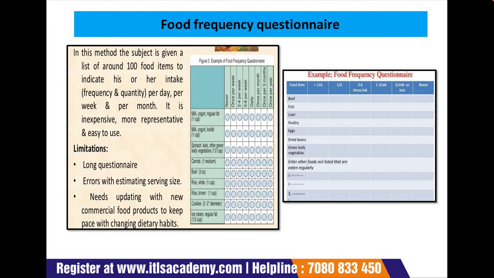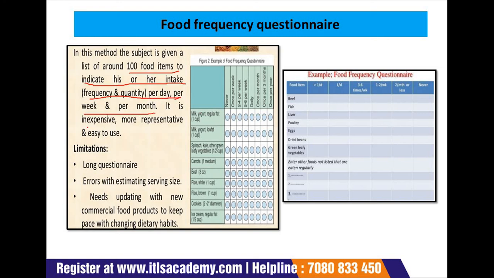In this method, food is organized into groups that have common nutrients. It could be done by face-to-face interview, telephone, or self-administration. In this method, the subject is given a list of around 100 food items to indicate his or her intake frequency or quantity per day, per week, or per month.